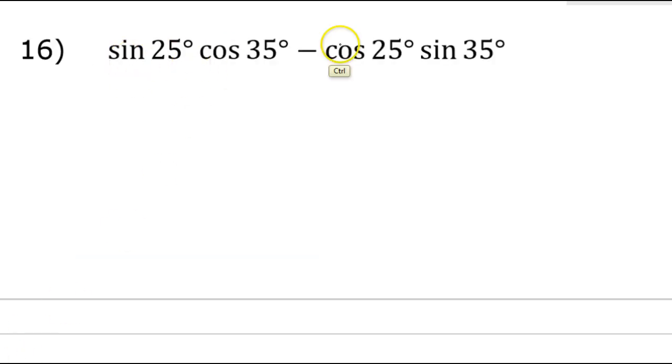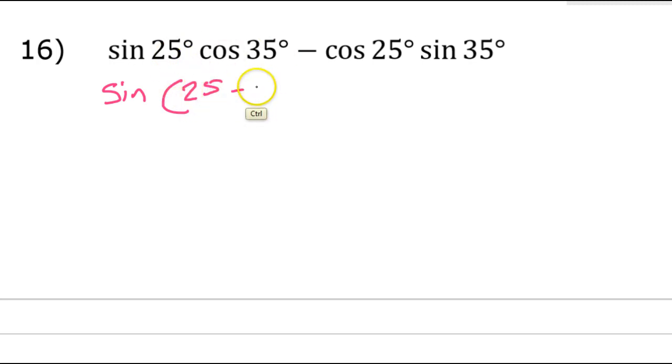Looking at the pattern in problem number 16, I see how it goes sine, cosine, cosine, sine. That is the formula for the sine of a subtraction problem, the sine of a difference. So this must be the sine of something minus something, and the two angles involved in this problem are 25 and 35.